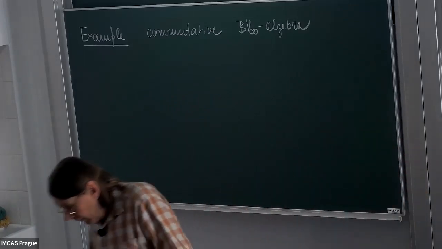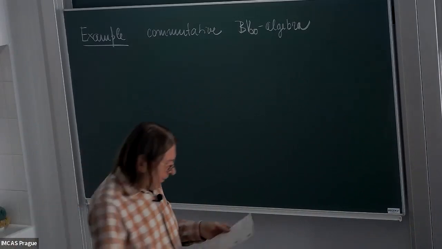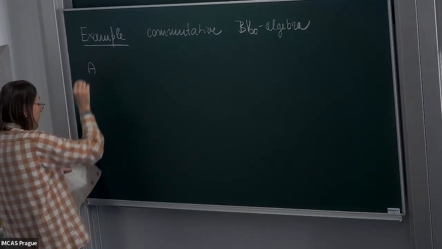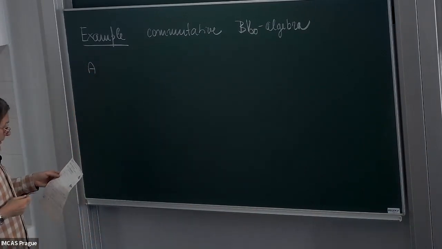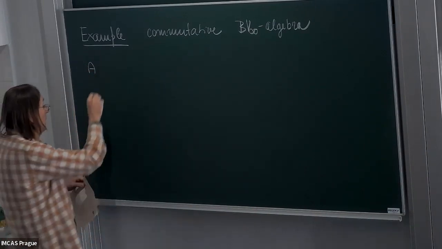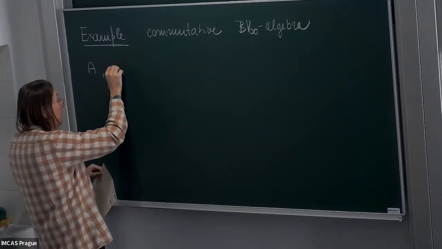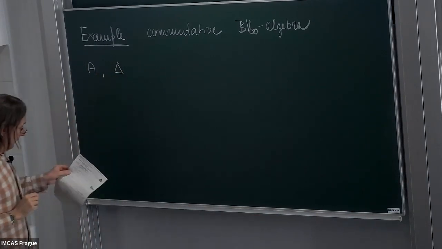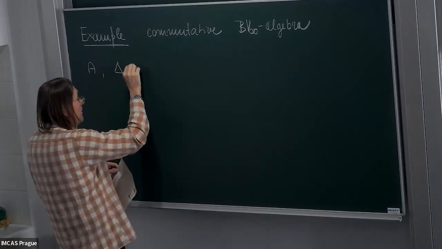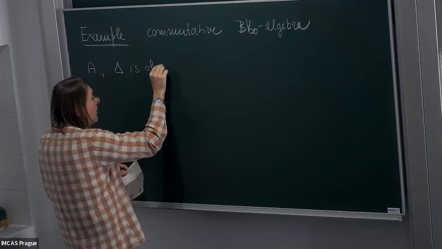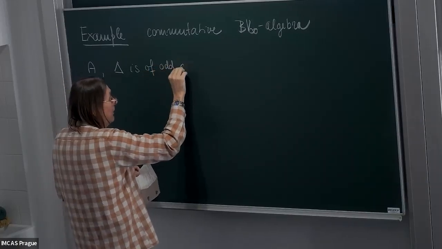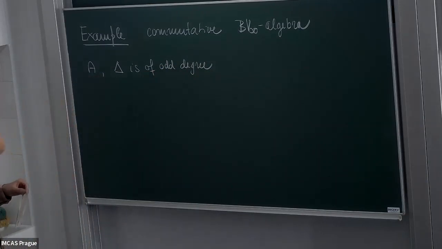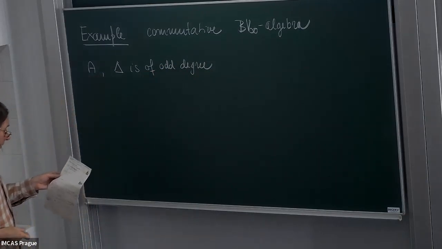So what is it? A is, as before, a graded commutative associative algebra, and delta is of degree, not order, degree, typically plus or minus 1.